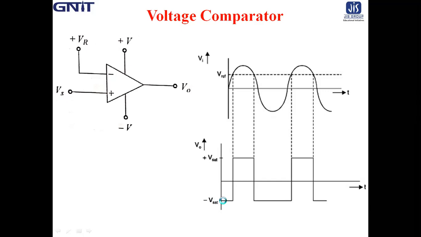The output voltage V0 switches when Vd equal to V1 minus V2 is almost 0.